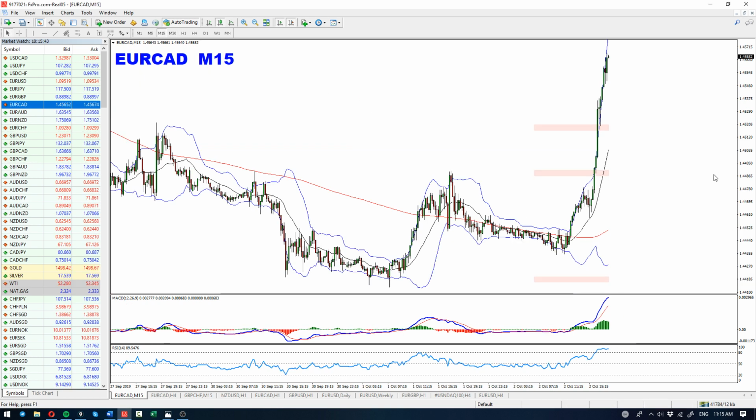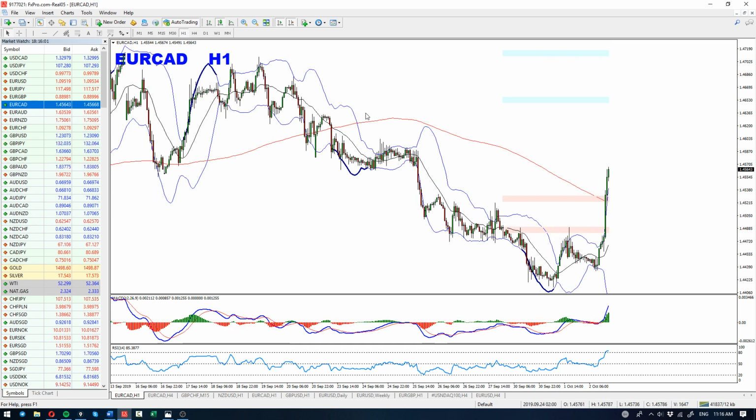For those of you who trade very short term, you can also drop to a lower time frame, like 15 minutes for example, and once you get some bullish signs here, like bullish divergences with bullish candle structure, look for the bounces for the trend continuation. So my personal view is bullish on the Euro Canadian. I think on retraces we should be exposed for a further rally. All that would remain correct as long as this trend line holds.